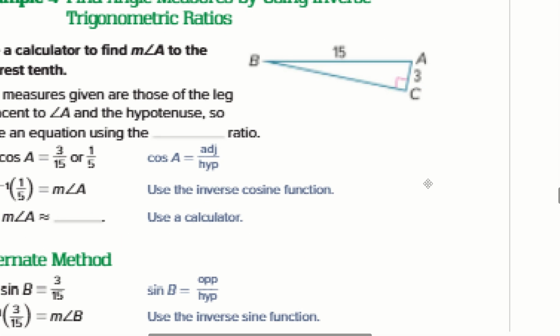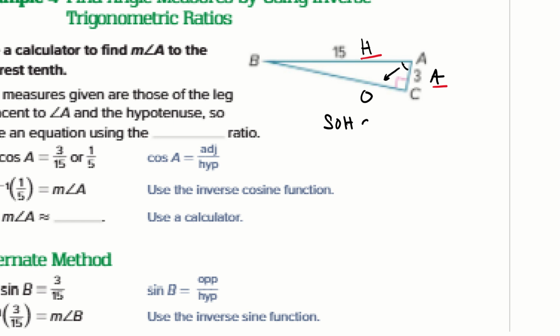If I'm looking at angle A, then this is opposite, this is the hypotenuse of 15, and this is adjacent. So clearly we have A and H. We don't have anything for O, so we can ignore O. So what's A and H?